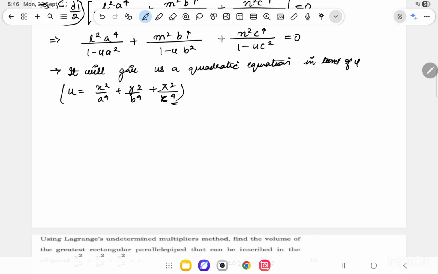So that quadratic equation, if you will solve that quadratic equation, we'll get basically two values of u.